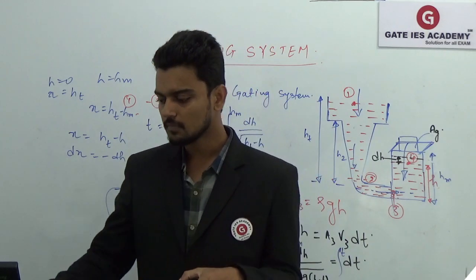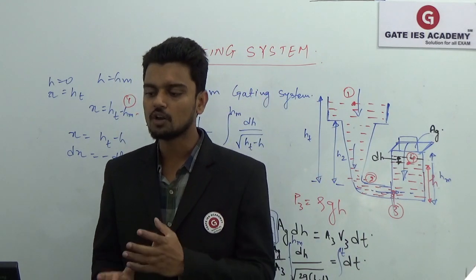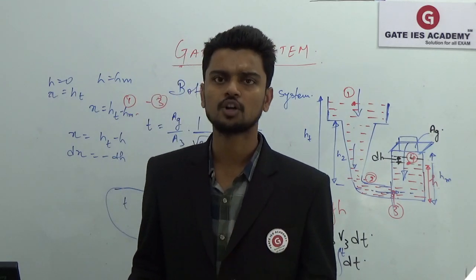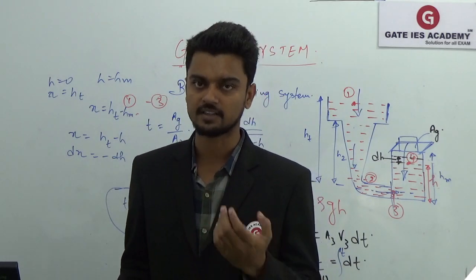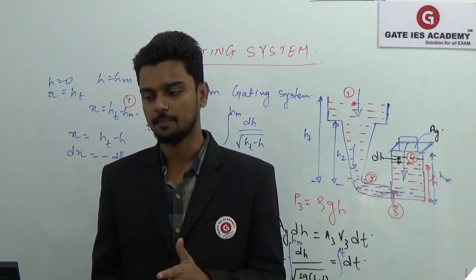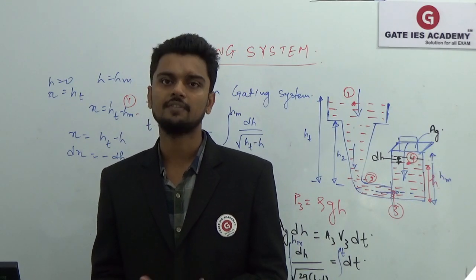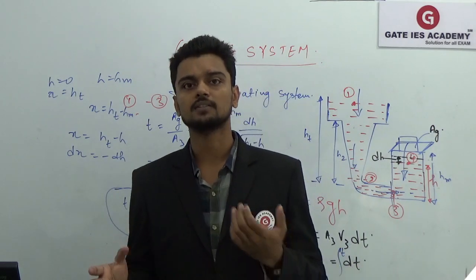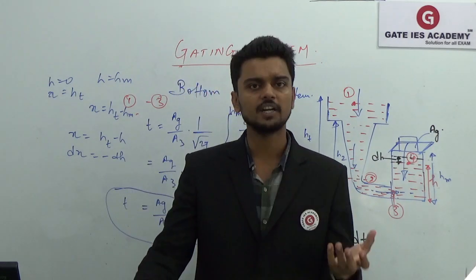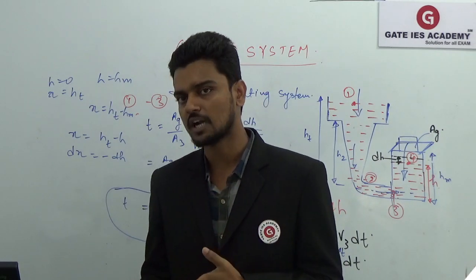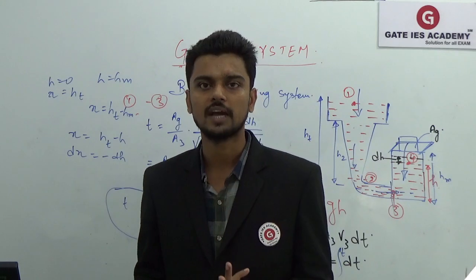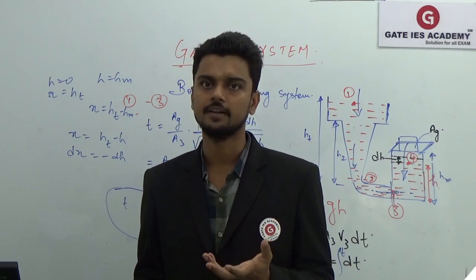So it solves the problem raised in the bottom gate, that is the unfavorable temperature gradient. That is why we use this side gating system, and it is used for large and heavy castings. Obviously it's used for large and heavy castings, because bottom gating system can be used for large casting or deep casting, but the problem is that unfavorable temperature gradient.